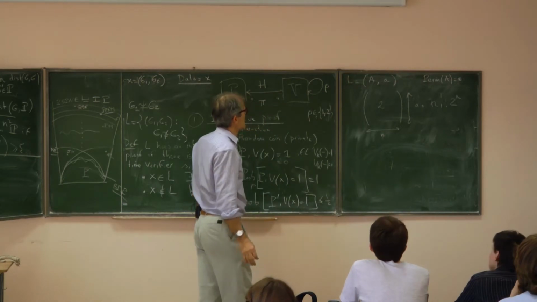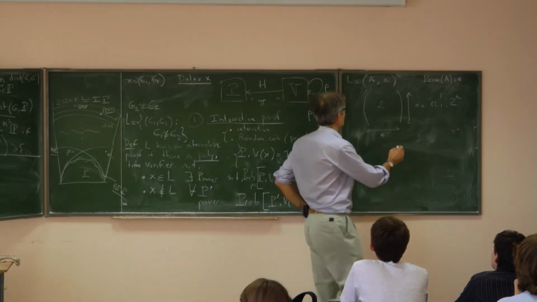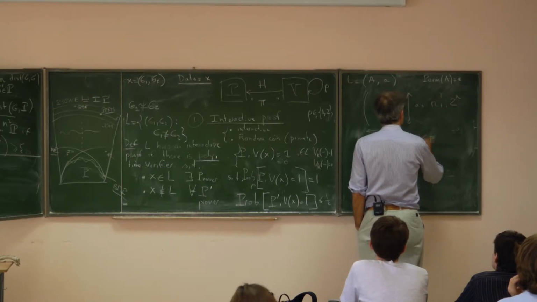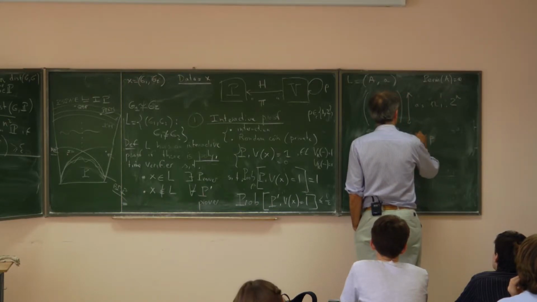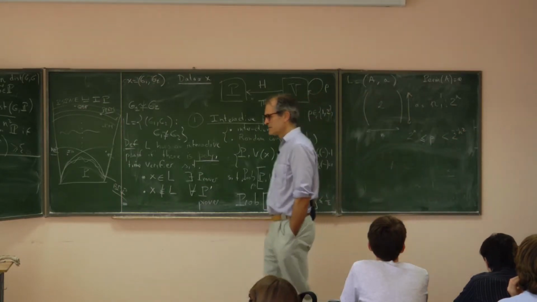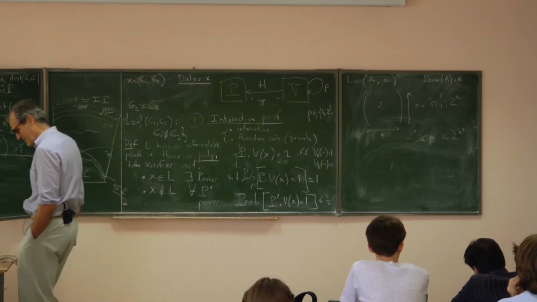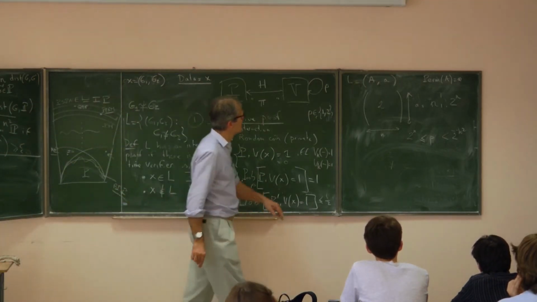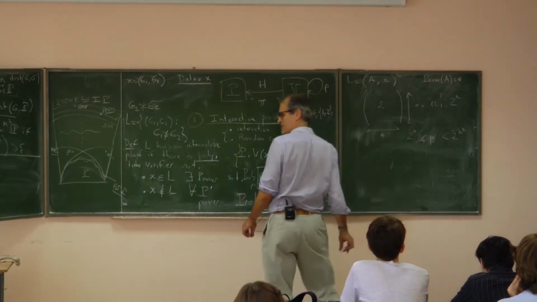So what people typically take is a prime number p, which is between 2 to the n and 2 to the n squared. Let me check this, because, oh no, between 2 to the factorial n, well, almost the same thing.